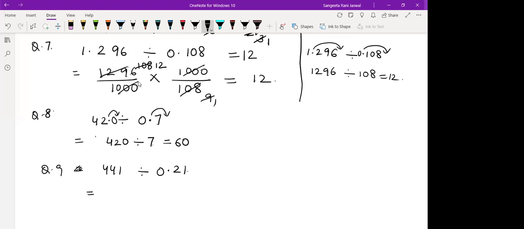Ma'am, we move 2 places. Very good. You will shift the decimal point 2 places towards the right side, and here also 2 places towards the right side. So now you have 44100 divided by 29. Now you can just divide it.